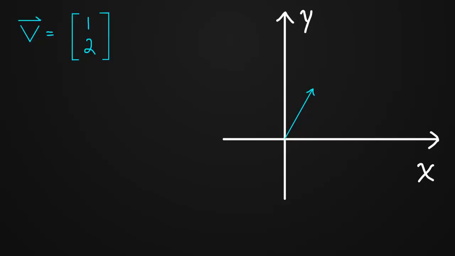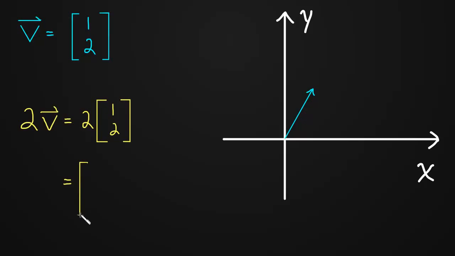Can we multiply vectors by numbers? And the answer is yes. So let's just see an example of that. If we want to multiply v by 2, so 2v, component-wise this is just 2 times this vector, which we just take that 2 and we multiply each component by it.